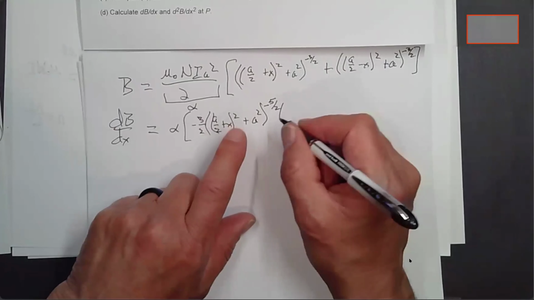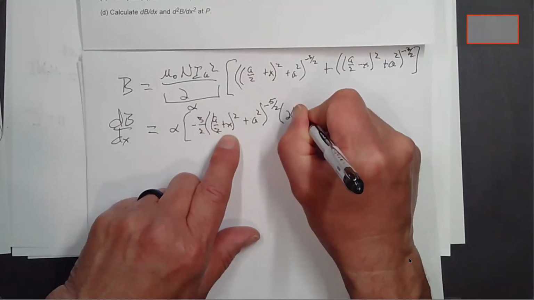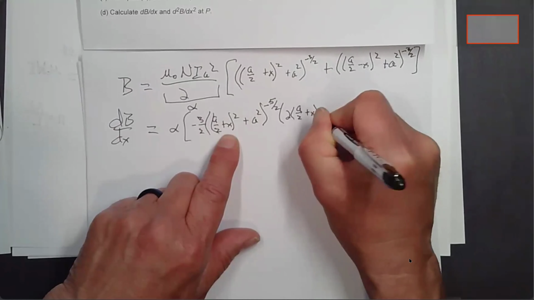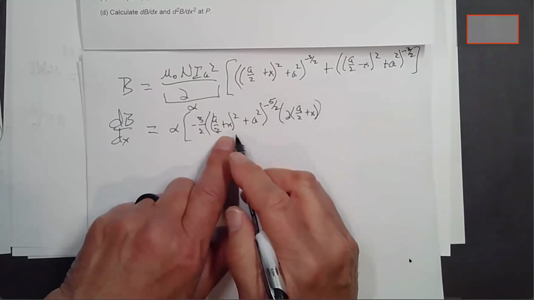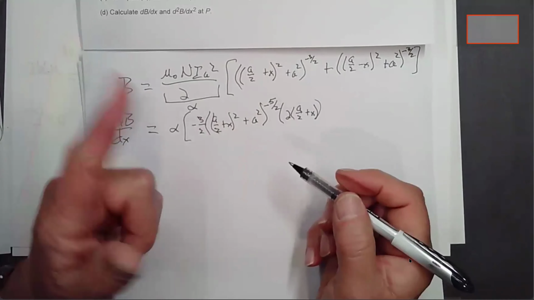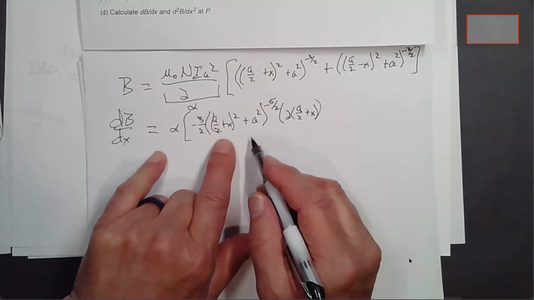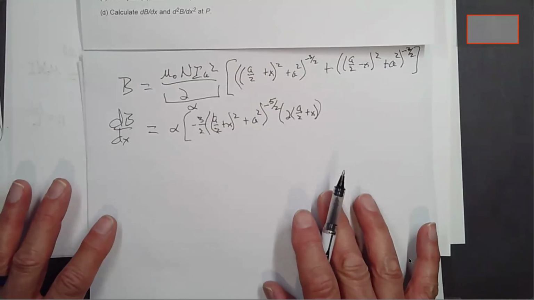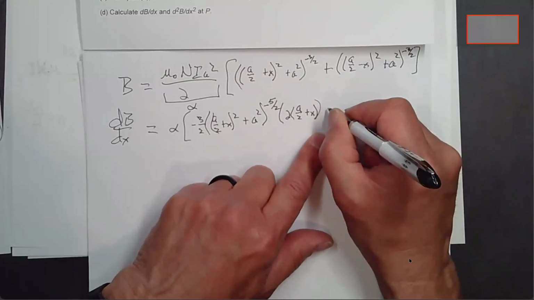I think. And then I have to multiply it by the derivative of the inside, which is going to be 2 times A over 2 plus X, just to the 1. And then the derivative of the inside is just 1. So I'm pretty sure that's what this is supposed to be. If somebody caught a mistake on that derivative, please holler, but I'm pretty sure that's right. And I do get something similar to the other one.